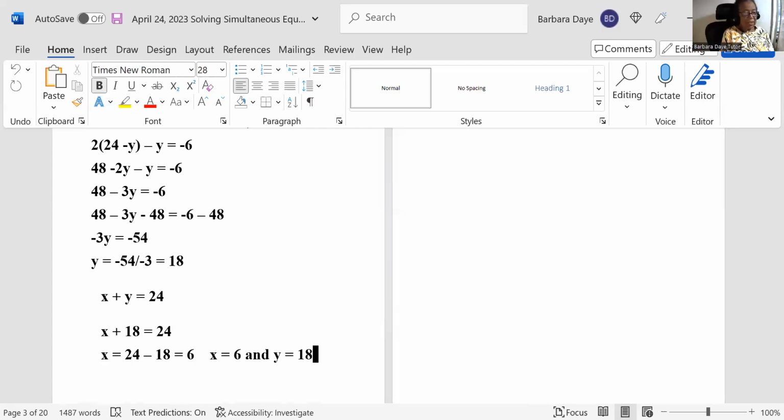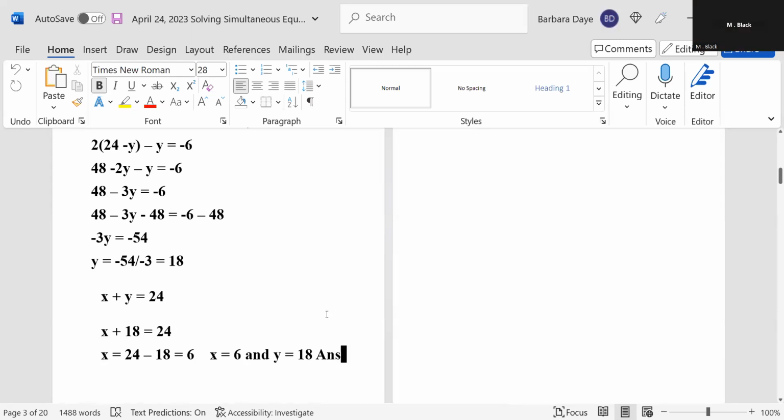So for simultaneous equations, you get values for two variables, because we'll only deal with 2. We won't go up to 3. So we'll have x is 6, y is 18. That's our answer. Okay, questions?